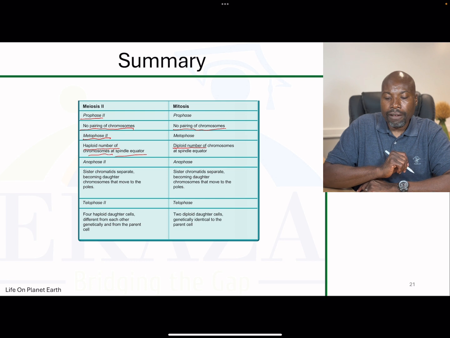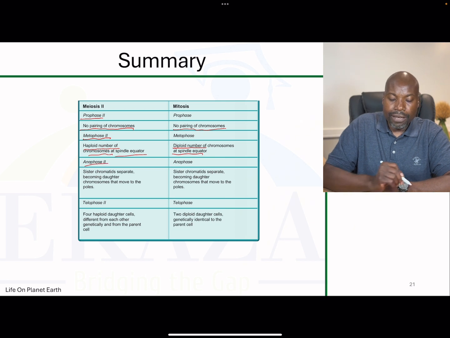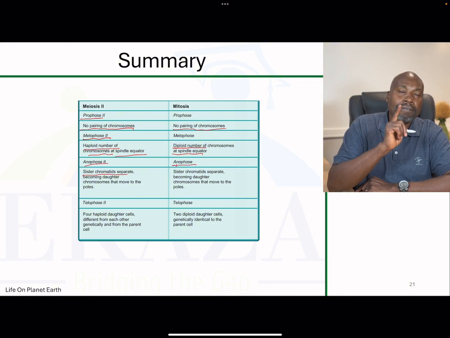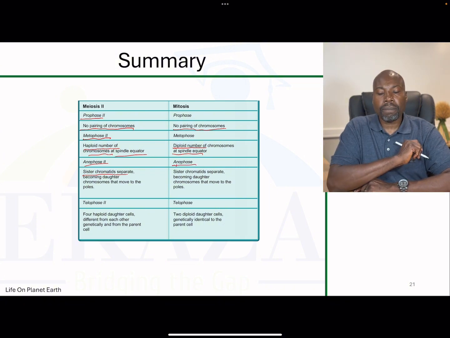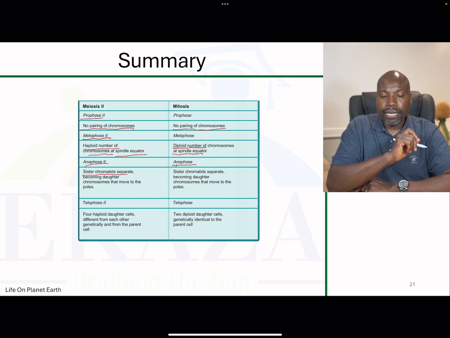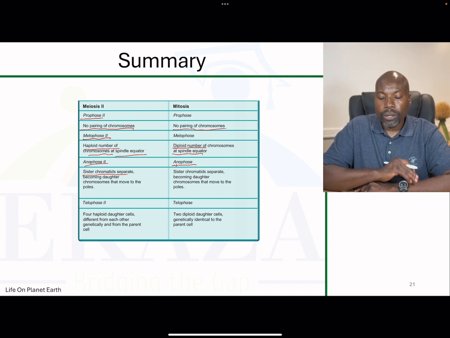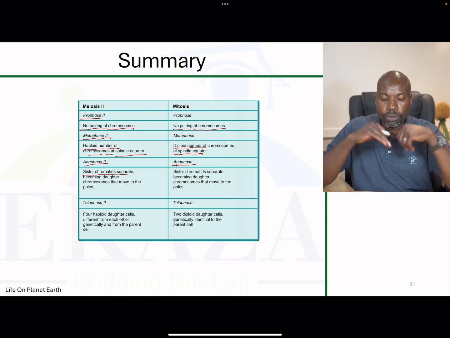For mitosis, we have a diploid number of chromosomes with spindles attached to each kinetochore. In anaphase 2, the sister chromatids separate, while in anaphase of mitosis, the sister chromatids also separate and part ways.